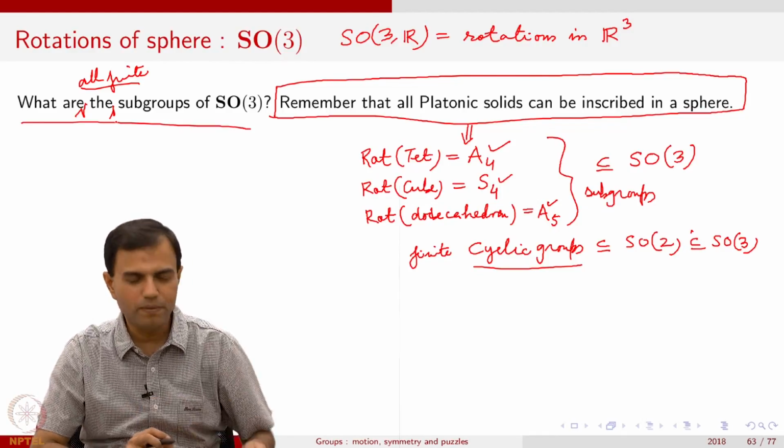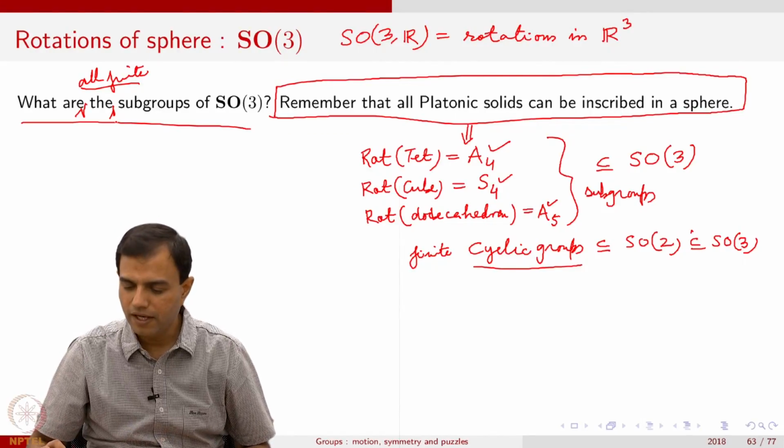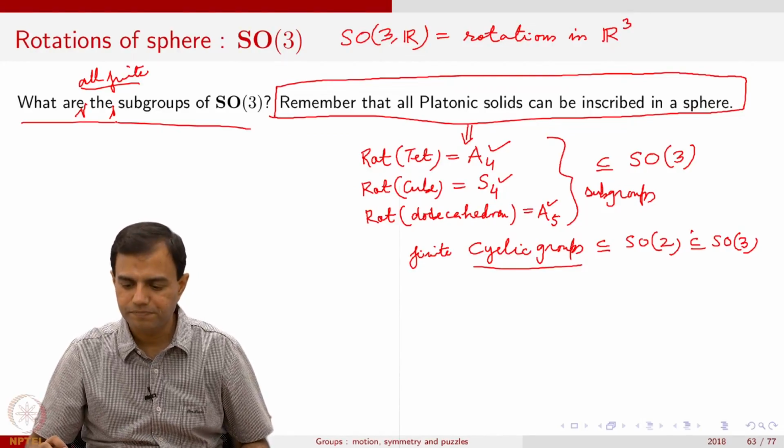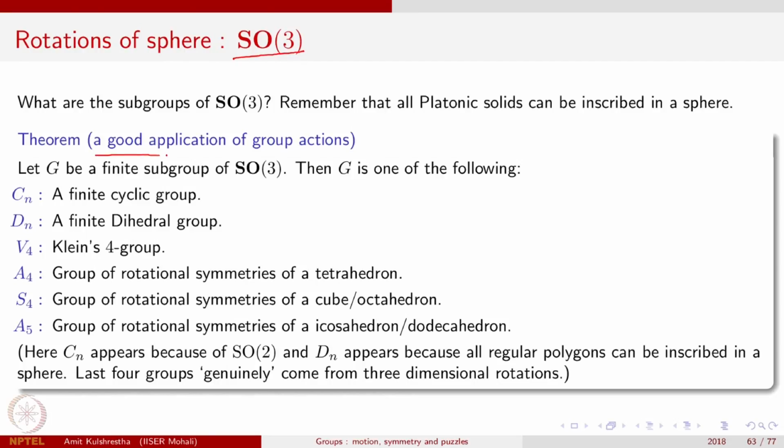And that's where the fun part is going to be, and we are ready with group action. So it's a good application of group actions. Let me read out the theorem for you. If you have a finite subgroup of SO3, then the following are the options for it. Nothing else can be a finite subgroup of SO3.